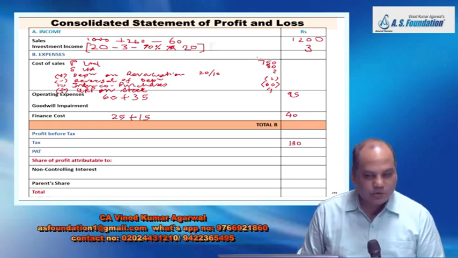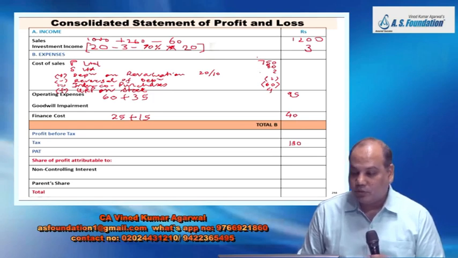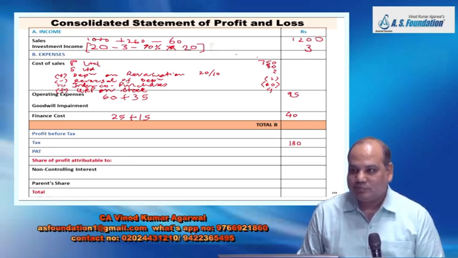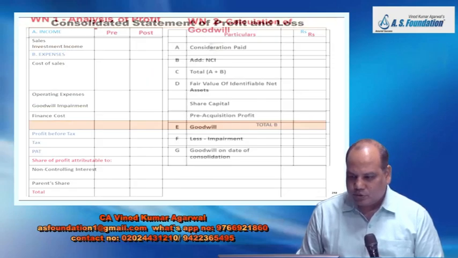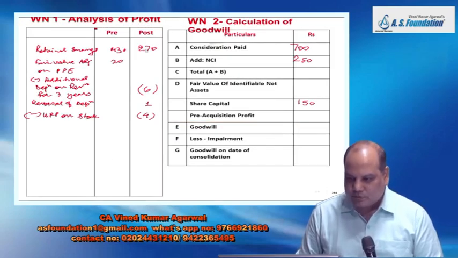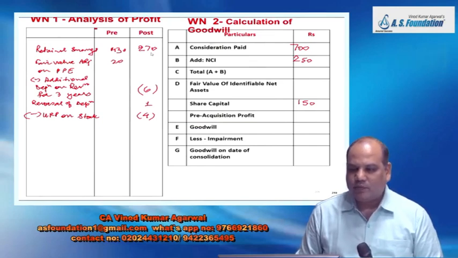All adjustments are over or something is pending? Impairment of goodwill. Oh, wonderful. So first let me check whether this working is complete. Second impact. Where will second impact be transferred to? This profit that is appearing in the books, this 270, it is after dividend or before dividend?